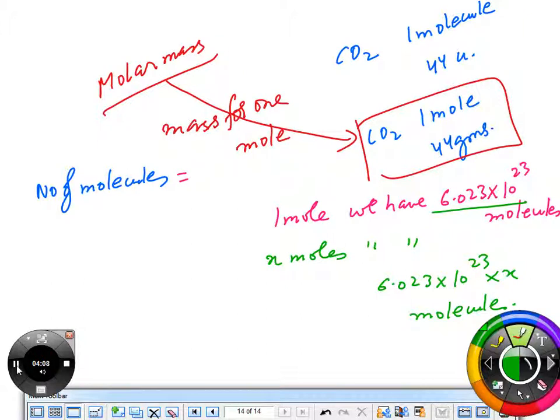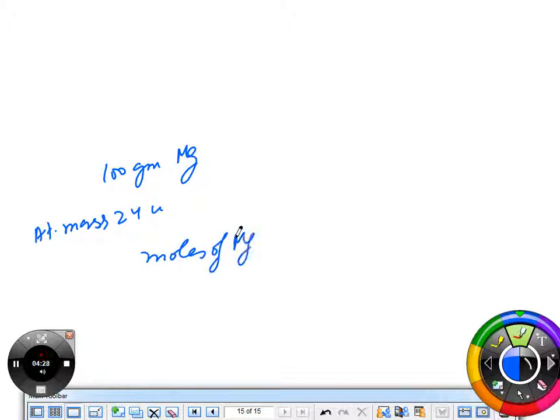So let us try one example here. See, we have got 100 gram of magnesium, right? Its atomic mass is 24 U. This is atomic mass. So they have asked how many moles we have. Moles of magnesium atoms, right? So कैसे कैलकुलेट करेंगे इसको?